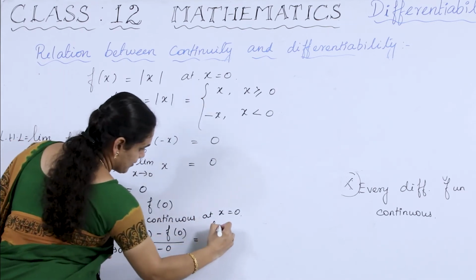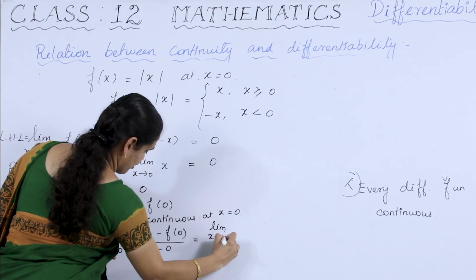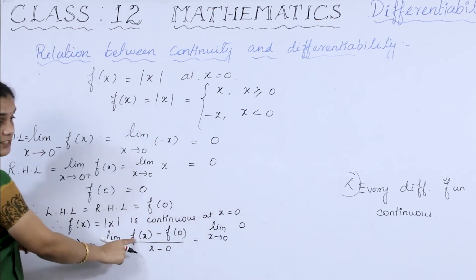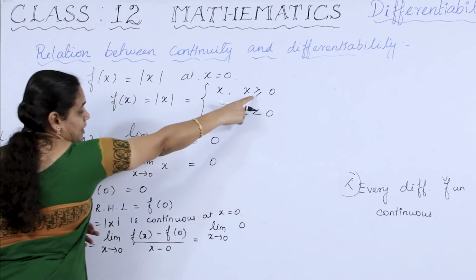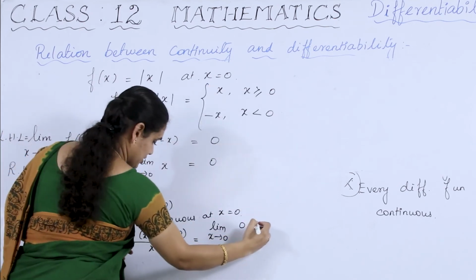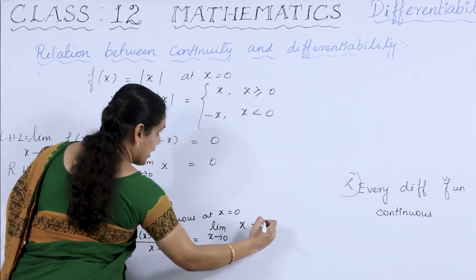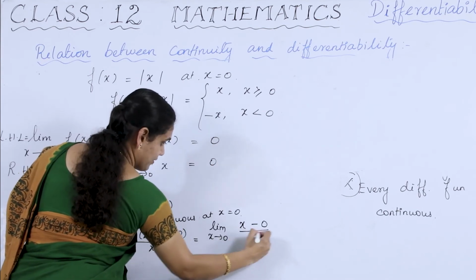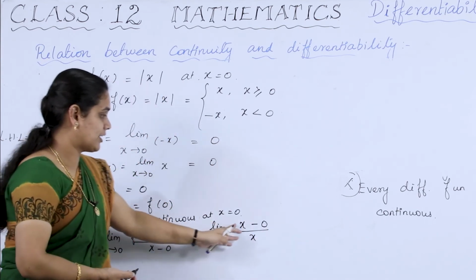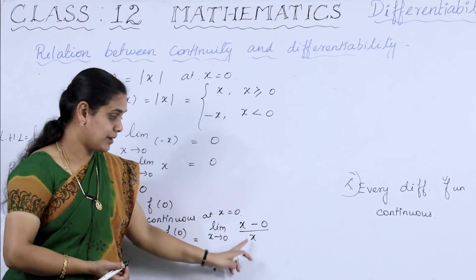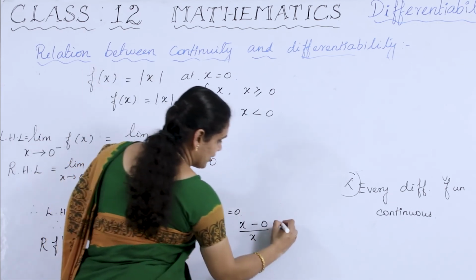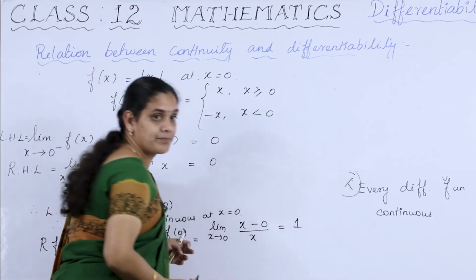So f(x) is x because right side of 0 is greater than 0. So x minus f(0), which is 0, by x. So x minus 0 is x, x by x is 1. Therefore it gives us 1.